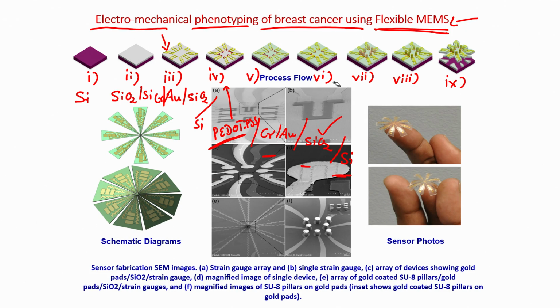Next step, fifth step. Now we have silicon dioxide on PEDOT:PSS on chrome gold on silicon dioxide on silicon.